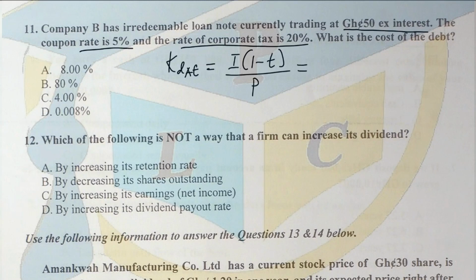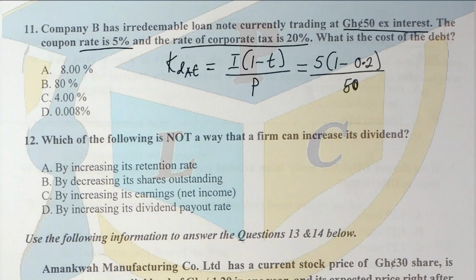So here we know our interest to be the coupon rate of 5%, so it's going to be 5. Then 1 minus the corporation tax rate, which is 20%, is going to be 0.2. And divided by the price here, which is 50.